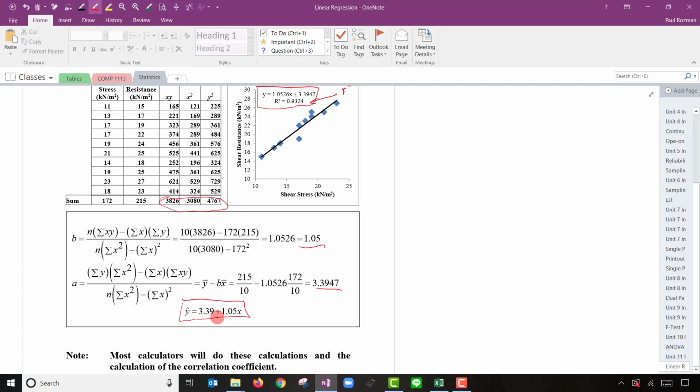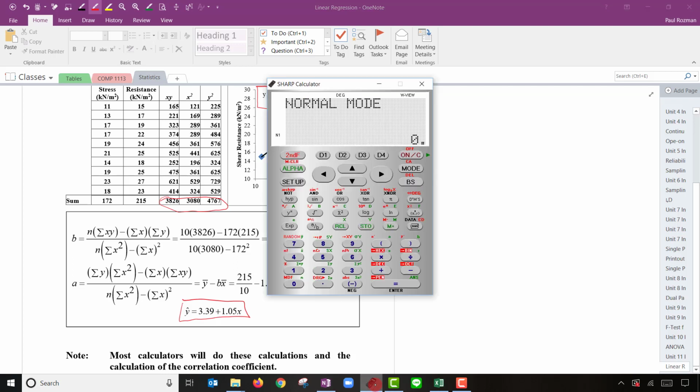We've used a stat mode on our calculator. If I click on our calculator and go into mode, and we've been in stat mode, and we've used SD, meaning single data mode, we can now go into mode 1, which is line mode, and then you can enter your values.